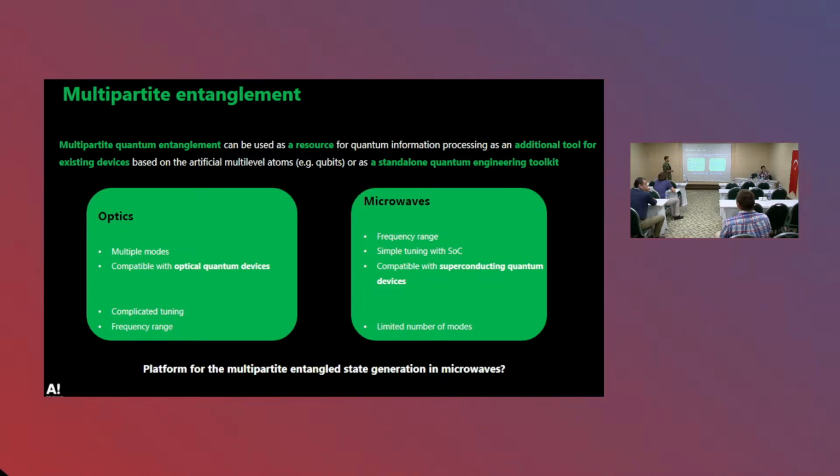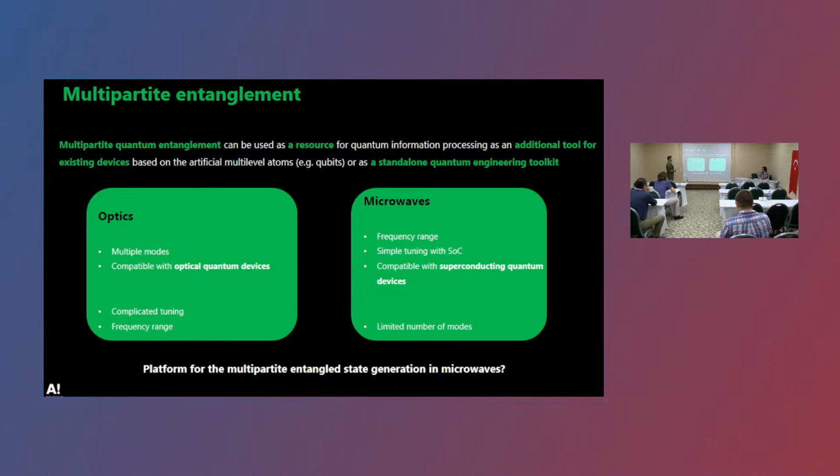This multipartite quantum entanglement can be used as an additional resource for existing quantum tools, such as optical or superconducting devices, for instance, based on artificial multi-level atoms, such as qubits or qudits. Multipartite entanglement can serve as a sort of mediator for the interaction between different parts of the quantum processing units, for example.